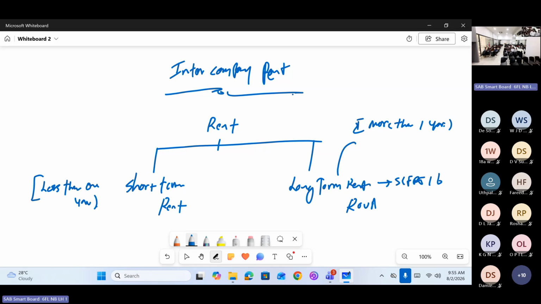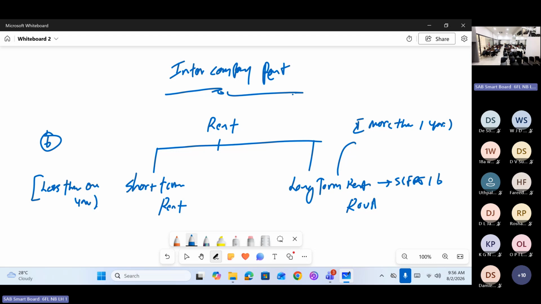No need to discuss. It is like an intercompany sale. One party has recorded income, the other party has recorded an expense. You need to eliminate it. It's a short-term rent. Short-term rent means you have given maybe some type of premises or land for 6 months.